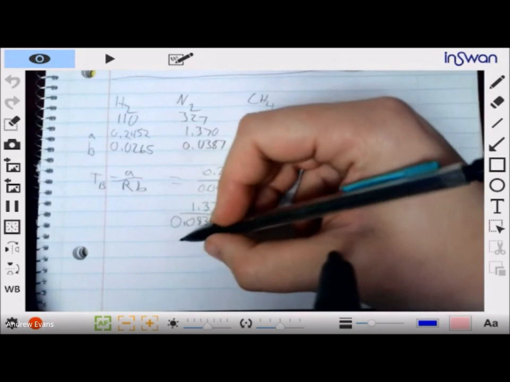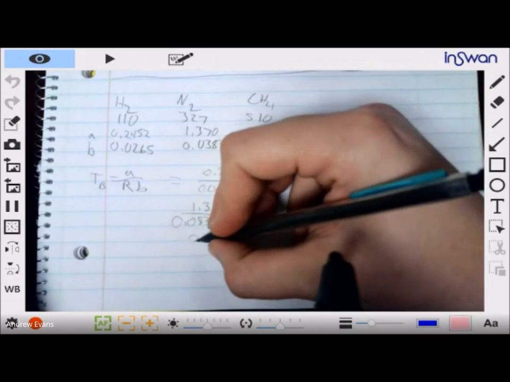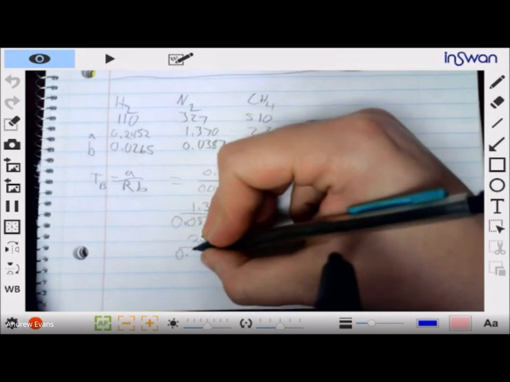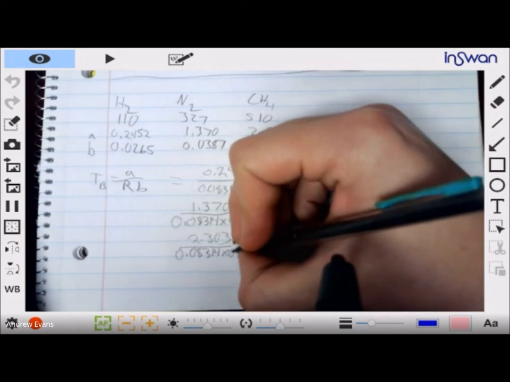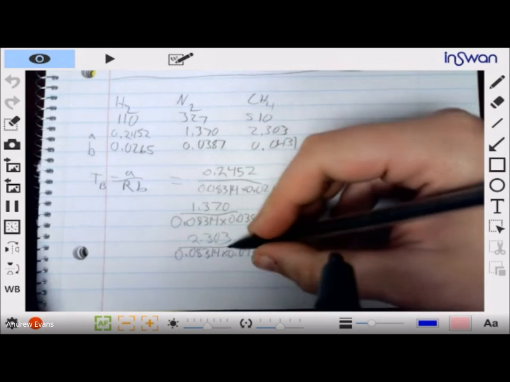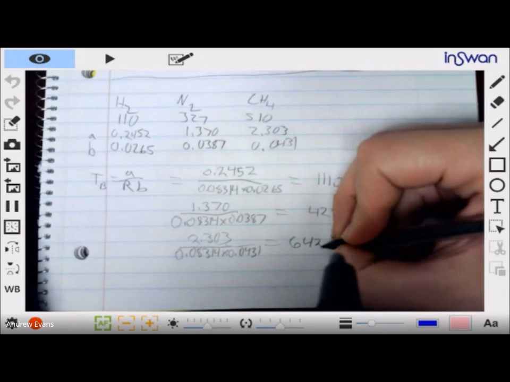And then for methane, following the same process, 2.303 divided by 0.08314 times our B parameter, 0.0431. Do that, you'd get a boil temperature of 642.7.